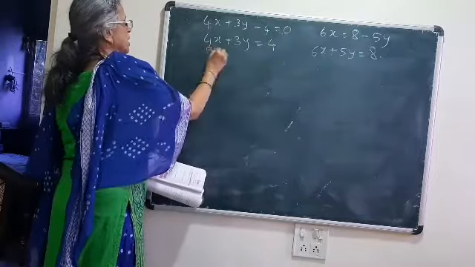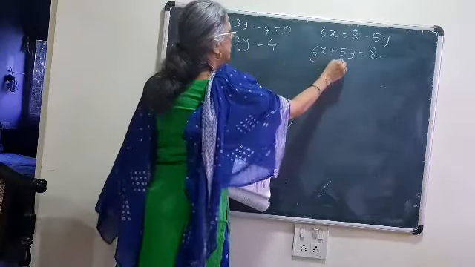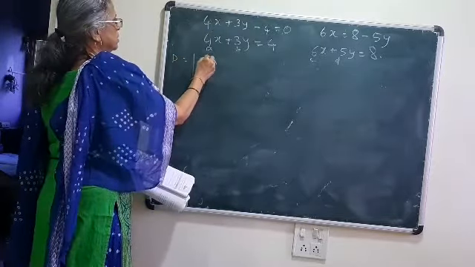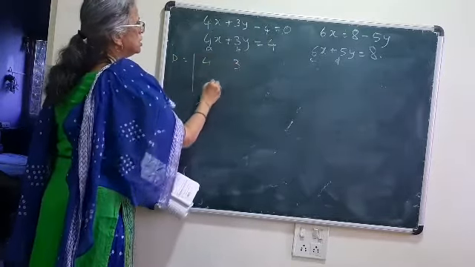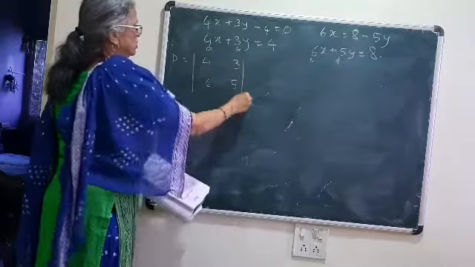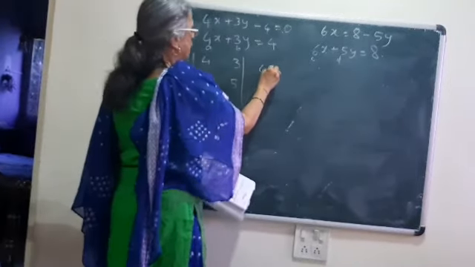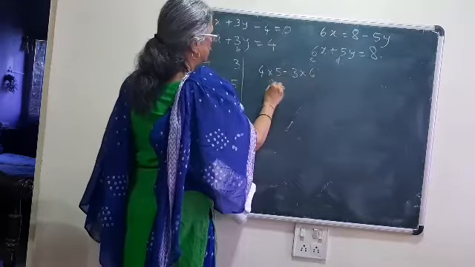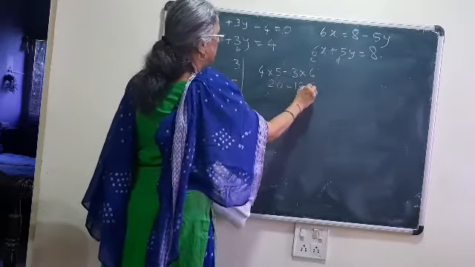Then this is A, this is B, this is C and D. So we can write D as 4, 3, 6 and 5. So AD minus BC you will have 4 into 5 minus 3 into 6. 20 minus 18, that will give you 2.